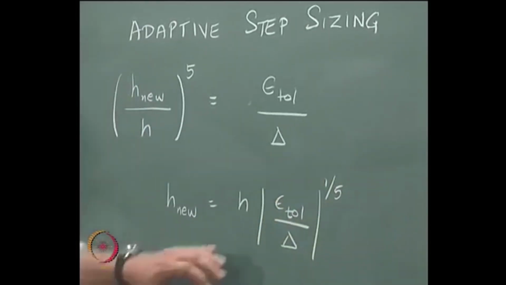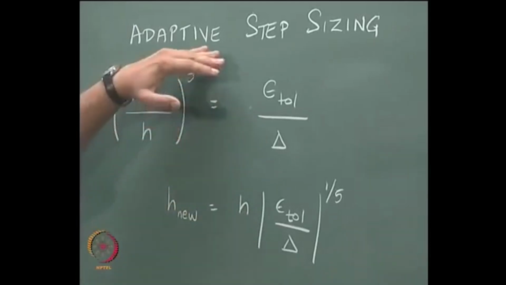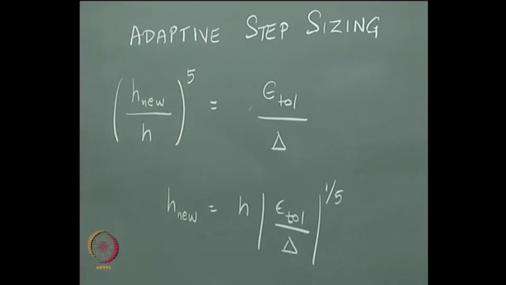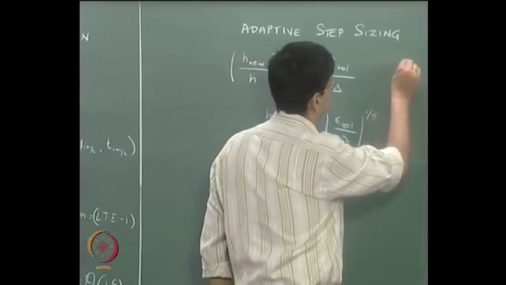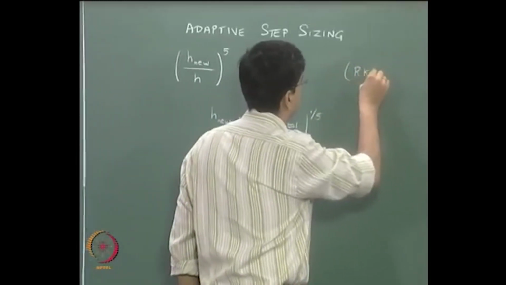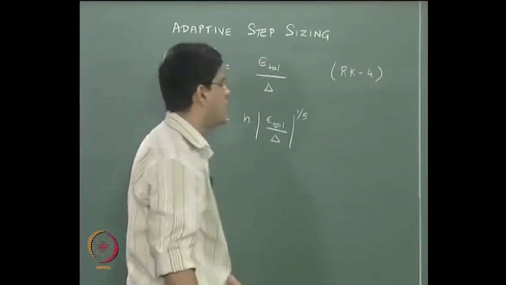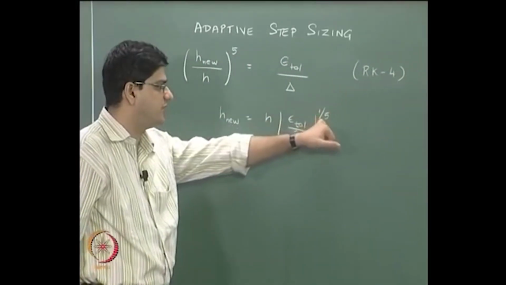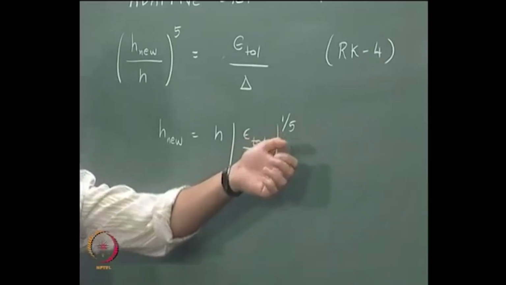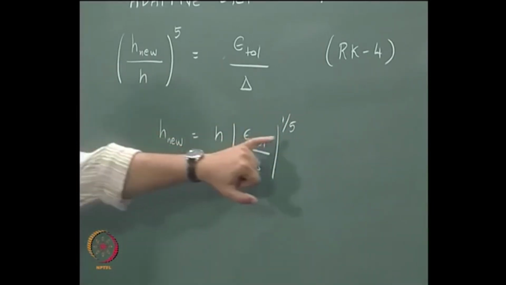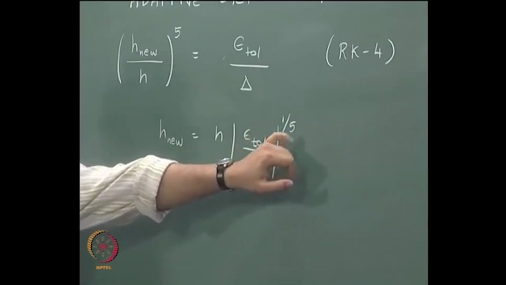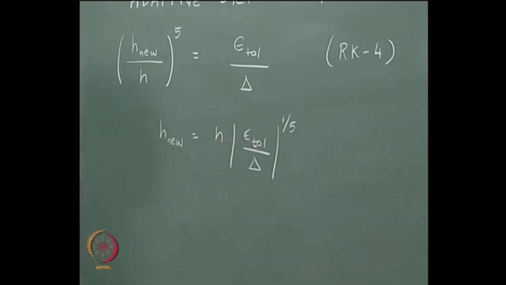This is what we obtained when we wanted to use adaptive step sizing for the Runge-Kutta fourth order method. This is valid for the RK4 method. For RK3 this is going to be 1 by 4, for RK2 it is going to be 1 by 3 and so on. This particular exponent depends on the order of accuracy of these methods. This is essentially what we had covered in the previous lecture.